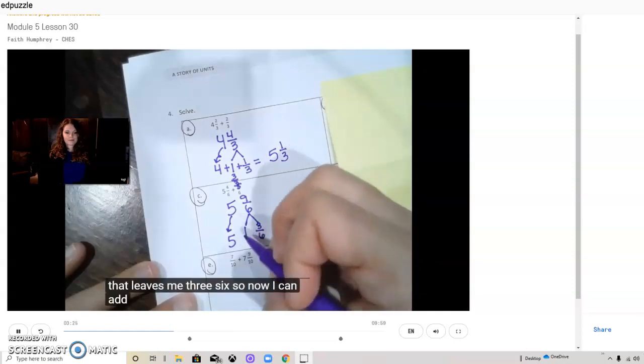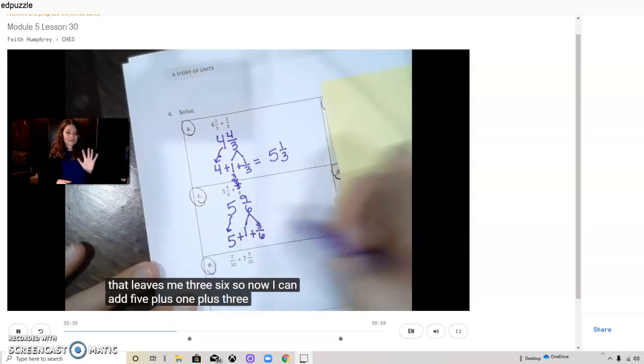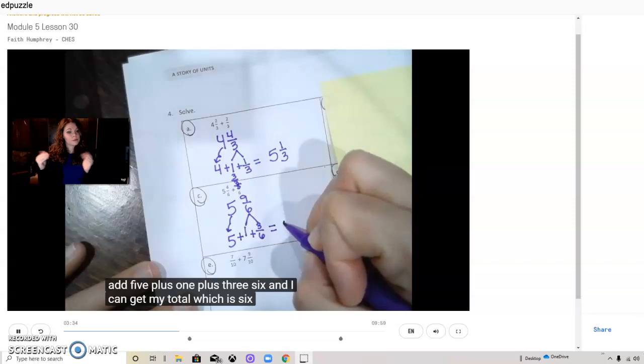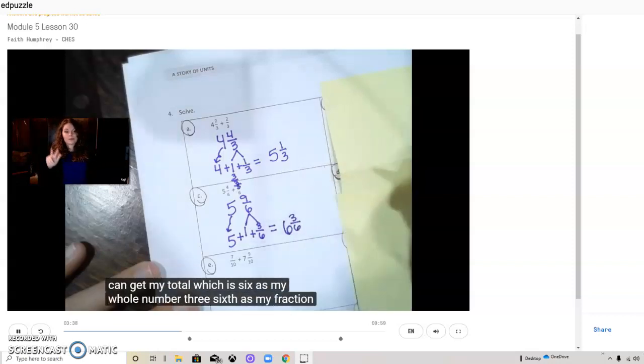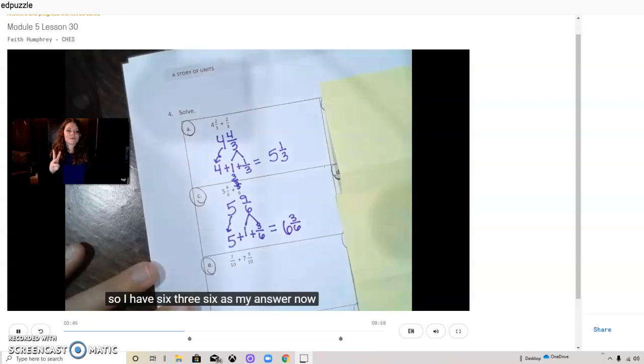So now I can add 5 plus 1 plus 3/6, and I can get my total, which is 6 as my whole number, 3/6 as my fraction. So I have 6 3/6 as my answer.